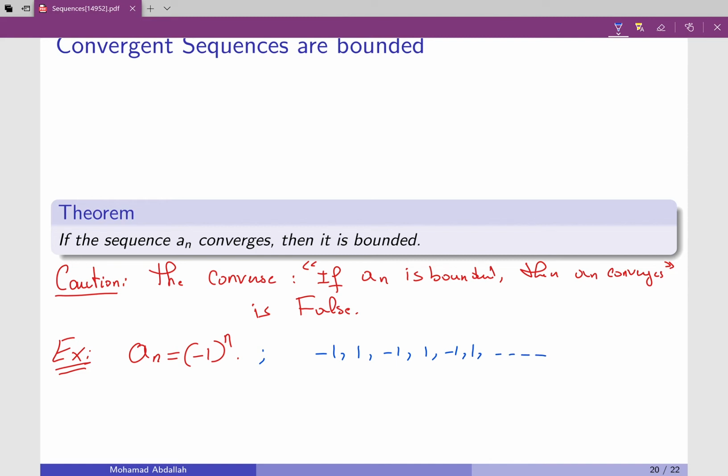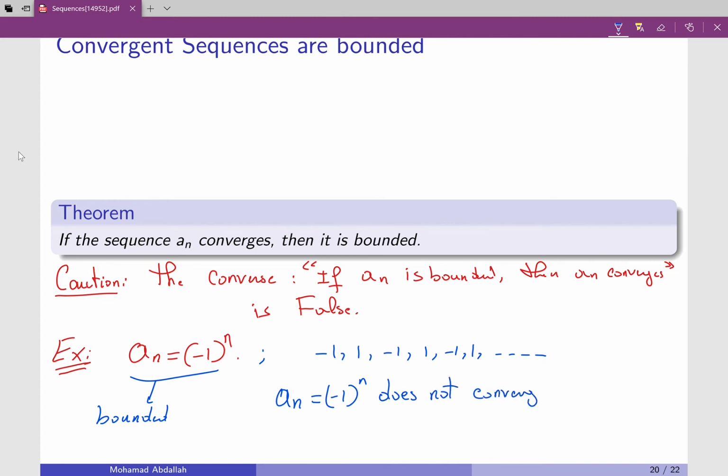When n is even, it's going to be positive 1. So you can clearly see that this sequence is bounded, and it's bounded by 1 and minus 1. But is it convergent? No. an equal minus 1 to the power n does not converge.